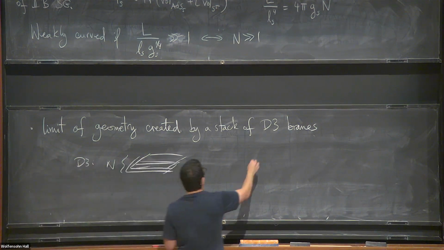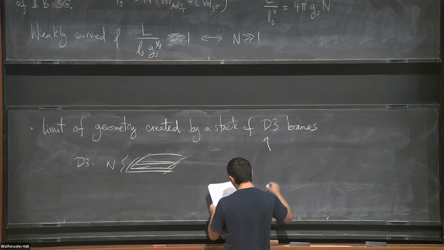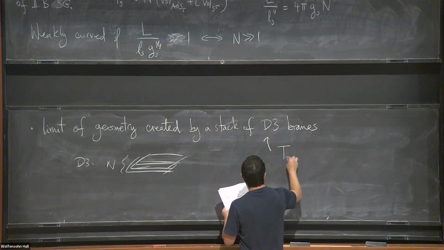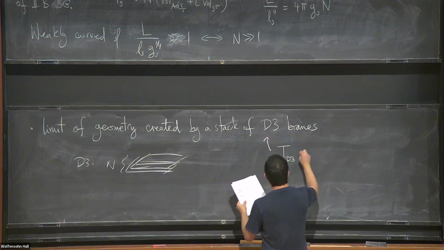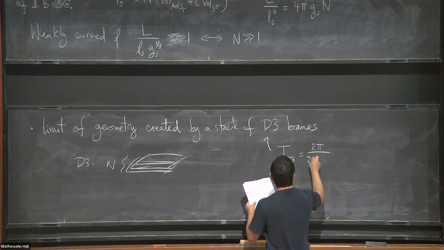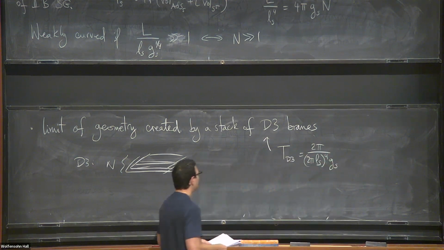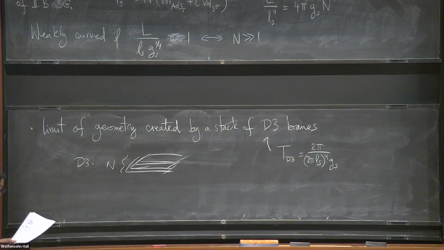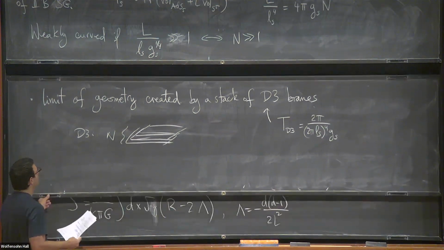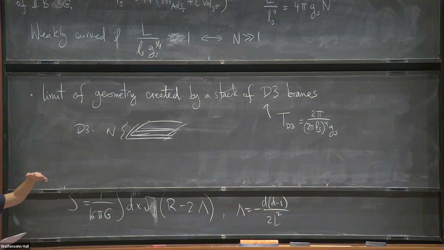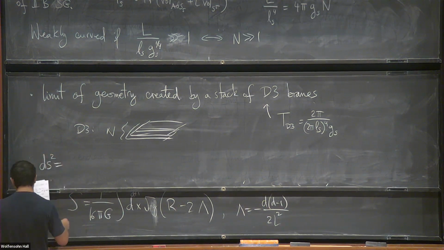A D3 brane is a heavy object with tension. The tension T_D3 is 1 over (2 pi)^3 l_string to the 4th times g_string. And they create a 10-dimensional metric. D3 branes are 3+1 dimensional objects, with 3 space and 1 time dimensions. If they're flat, the 10-dimensional metric they create is this.